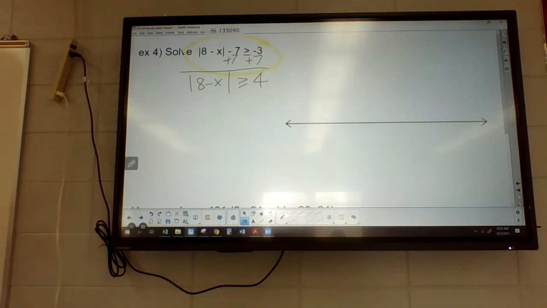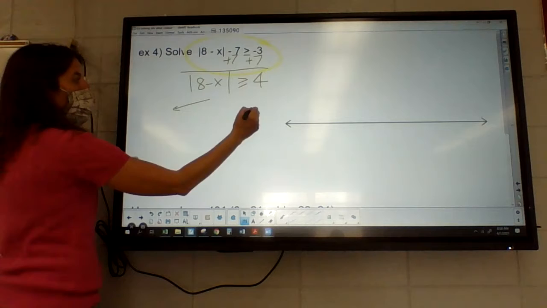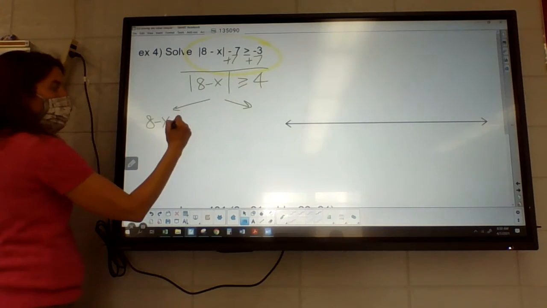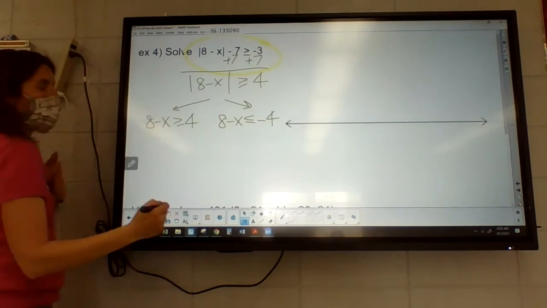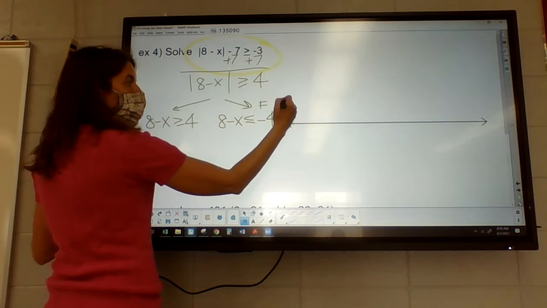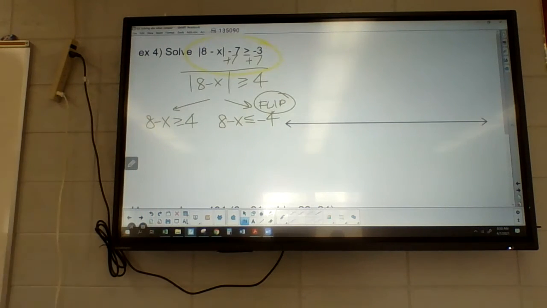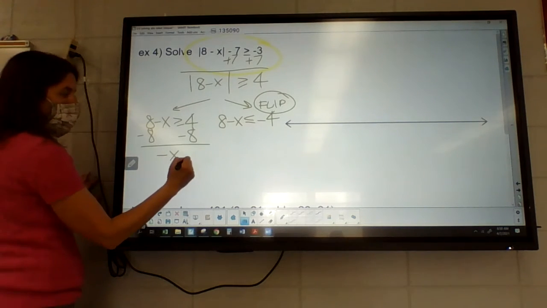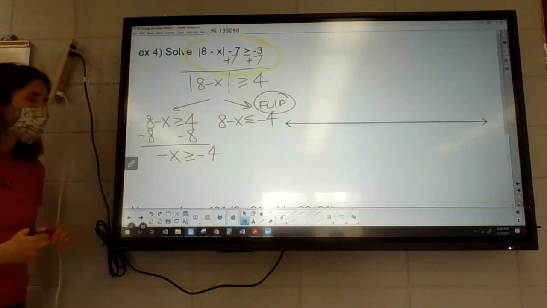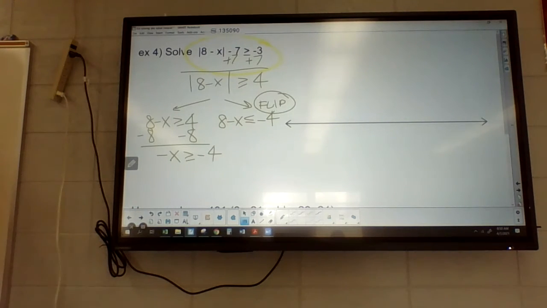And now we have to set up our 2 equations. But notice, on this one, I flipped the inequality on that -1. So a lot to remember with these problems. But now, in order to get rid of that negative x, I want it to be a positive x, so I have to divide by -1.